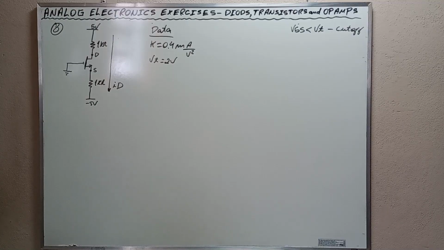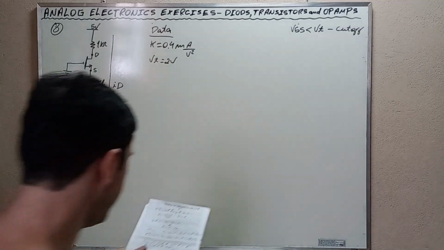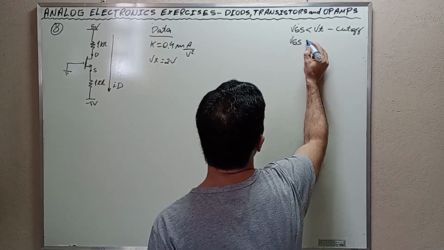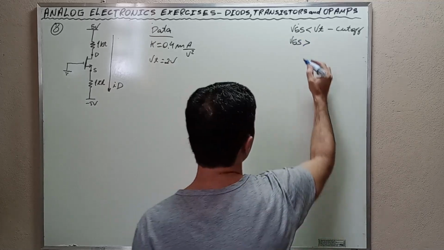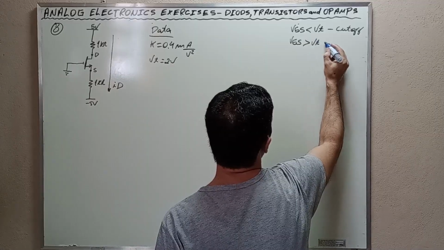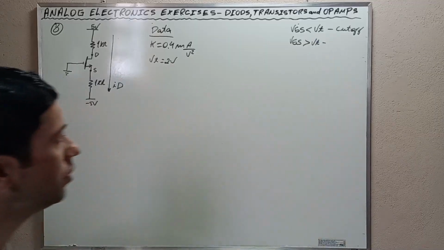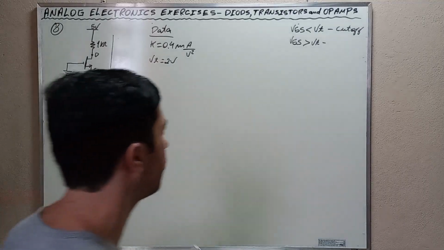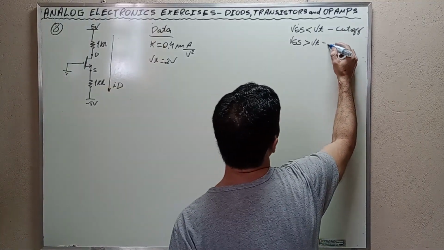Now let's open the channel. To open the channel, VGS has to be greater than VT. This alone makes the device operate in the triode region of operation.